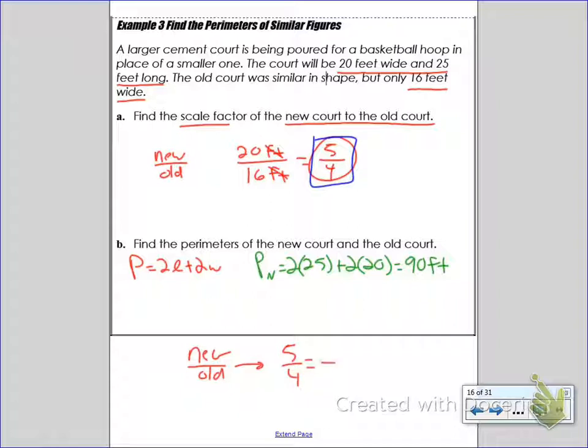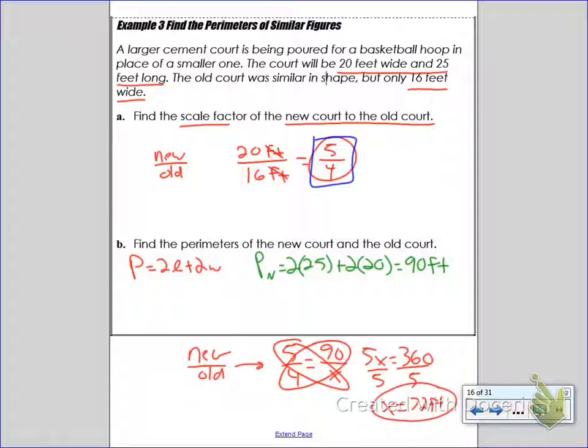I know the perimeter of the new court is 90 feet, but I don't know what the perimeter of the old court was. So I can use this ratio and cross multiply. 5 times x is going to be 5x. 4 times 90 is going to be 360. Divide both sides by 5, and x is going to equal 72 feet. So the perimeter of the old court was 72 feet, and I just used my scale factor to help me figure that out.